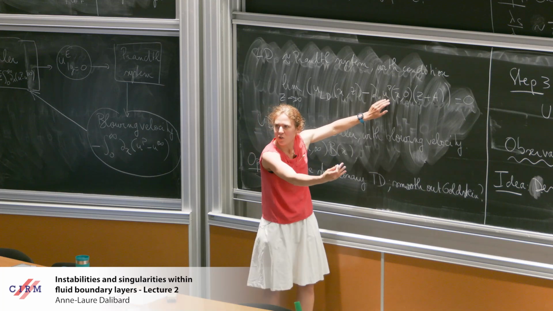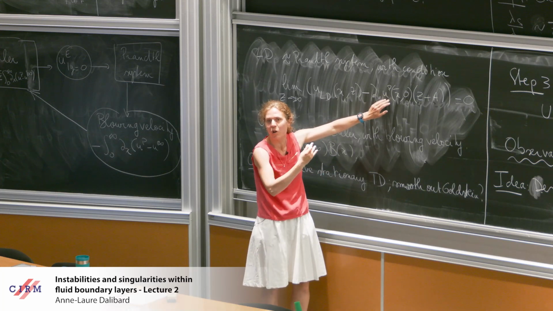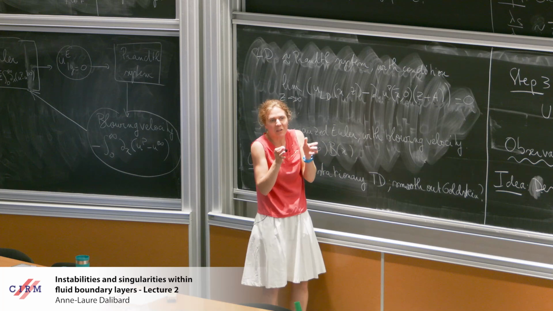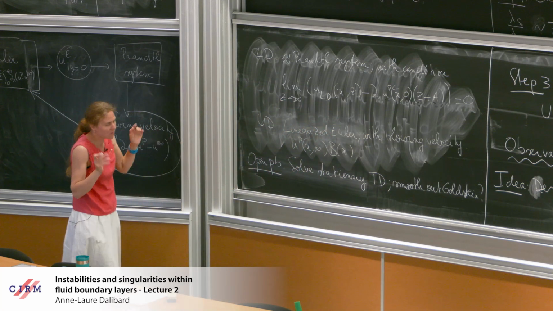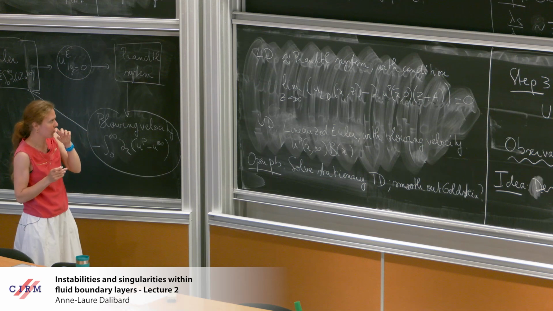So you don't reach the Goldstein singularity, but you stop at a time of order 1 before. But then I don't really understand why you should take this. As I said, it's really a bit mysterious to me.